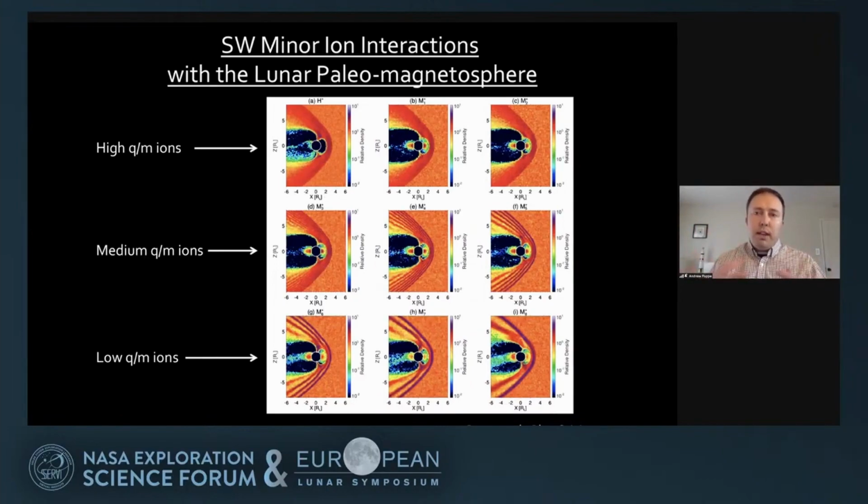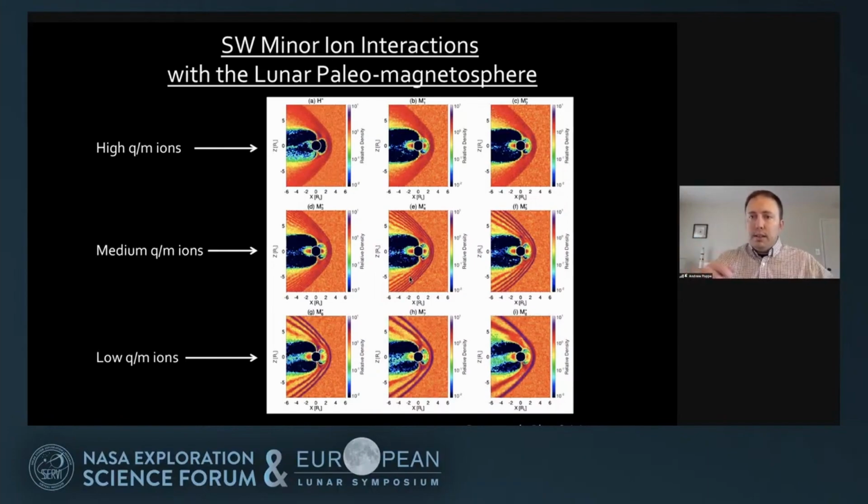The general shape of the interaction is the same. We see the bow shock, we see the lobes, we see the dayside cavity carved out. But if you pay attention and look at some of the finer details as you increase in mass, you can see that there is actually changing precipitation to the lunar surface as a function of mass. There's a number of notable features. You can see the striations in the bow shock.